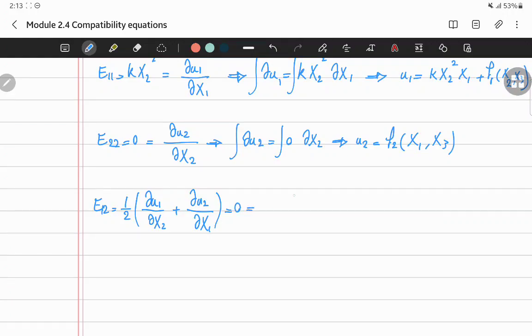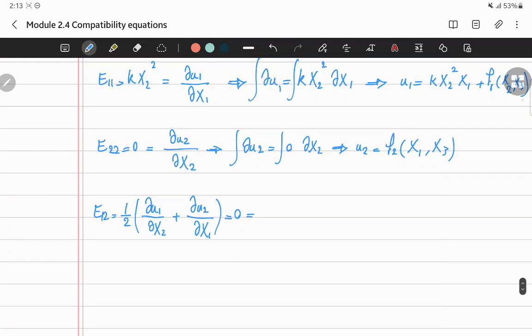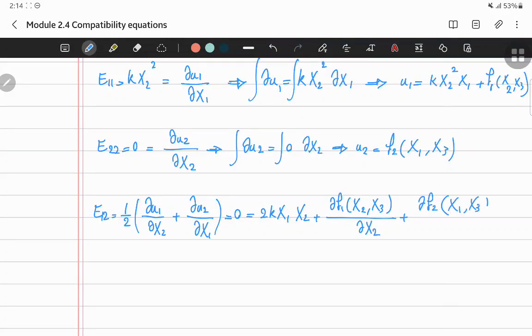So I differentiate this solution with respect to x2, so I get 2kx2 x1, plus the partial derivative of f1, a function of x2 and x3, with respect to x2, plus the partial derivative of f2, a function of x1 and x3, with respect to x1.